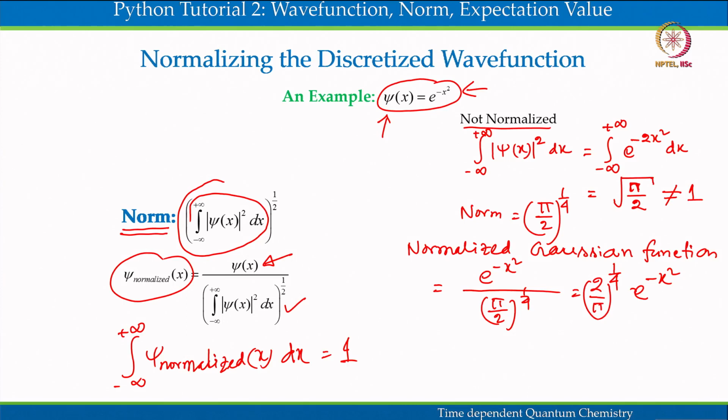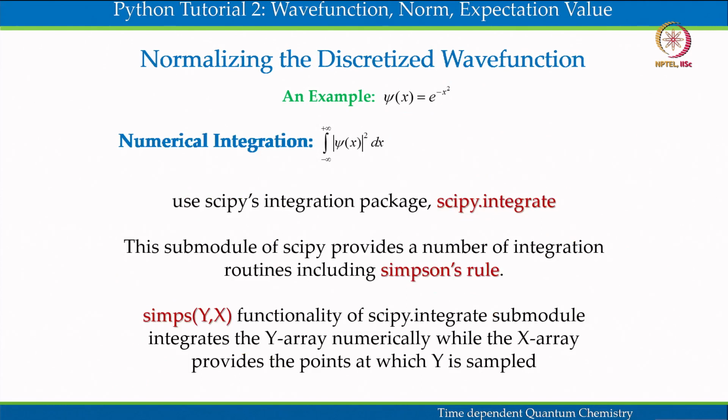And what is our task in this tutorial is that we normalize the discretized wave function. This wave function has been discretized already. We have seen how to discretize this wave function. We will use that discretized wave function and we will numerically normalize it. In order to do this normalization, clearly we have to do numerical integration, because this integration has to be now performed numerically.